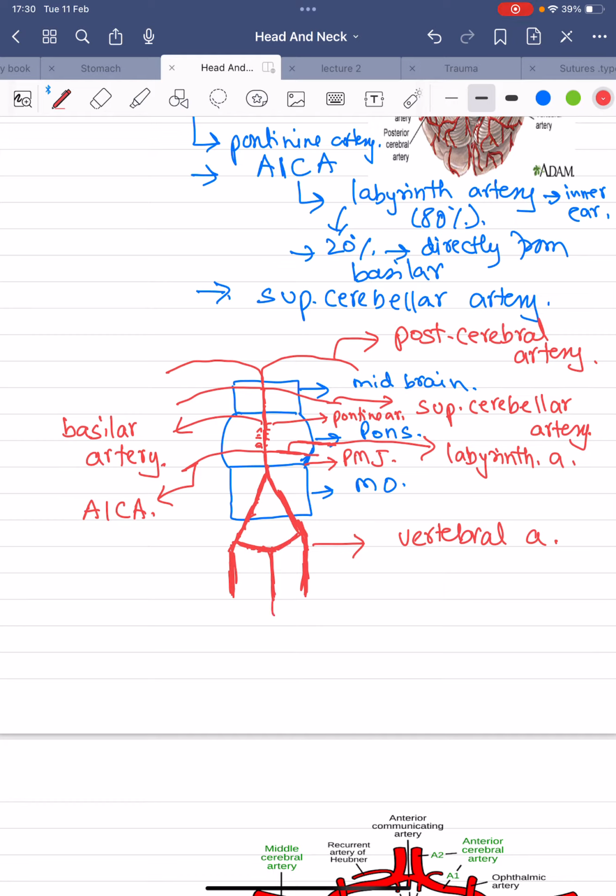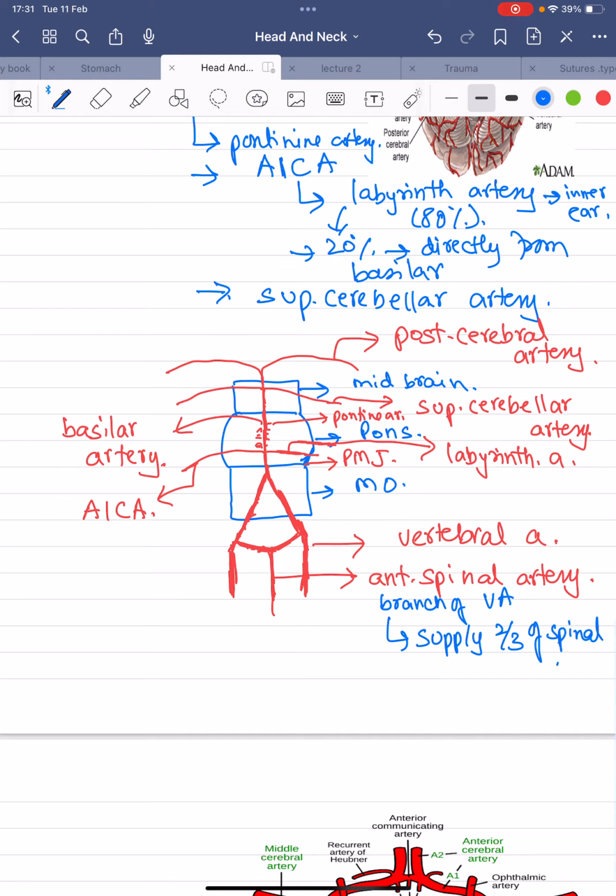So this is your anterior spinal artery. The anterior spinal artery is a branch of the vertebral artery, and it is supplying what? It is supplying 2/3 of the spinal cord. It is giving blood supply to the 2/3 of the spinal cord.